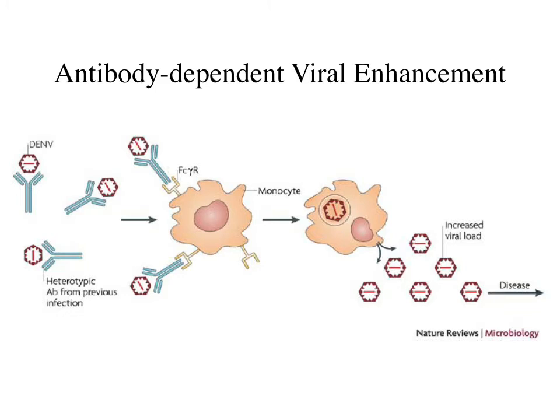So this is a situation where if you have an antibody of poor quality, perhaps directed against a different serotype, so that it doesn't completely neutralize the virus, that could actually enhance infection by providing another mechanism of entry into the cell.